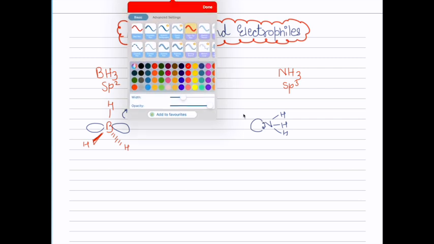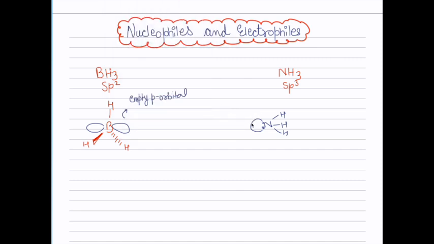You very well know that BH3 is a hypovalent species because its octet is not complete and it has an empty p orbital, so it needs electrons. The ammonia shares two electrons by forming a coordinate bond.